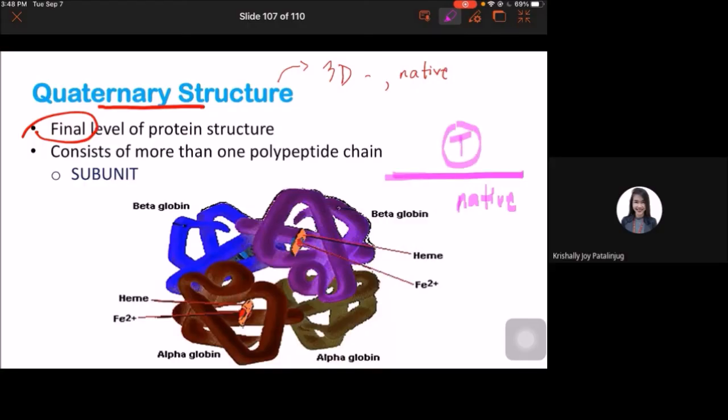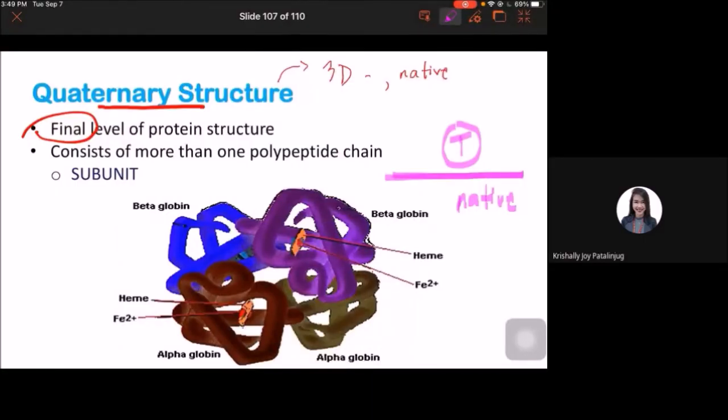Nakuha? Halimbawa nito is yung mga proteins na isa lang yung polypeptide chain niya, pero already na-attain na yung functional state. Native na siya kumbaga.